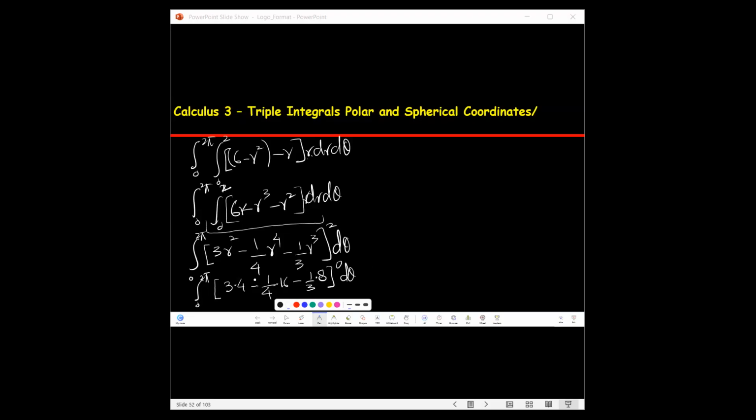And then when you subtract the lower limit, everything becomes zero, so everything will be gone. If I further simplify this, it's going to look like 12 minus 4, and 3 over 8 cannot be simplified further. Now 8 over 3.